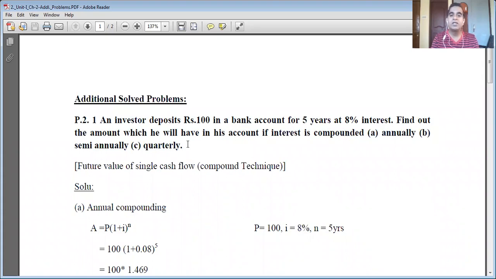Once you read the problem, you should stop for a second and think whether it is related to compounding technique or discounting technique.